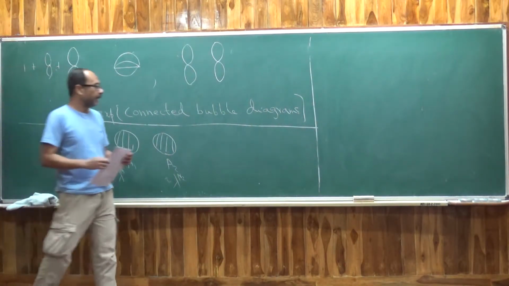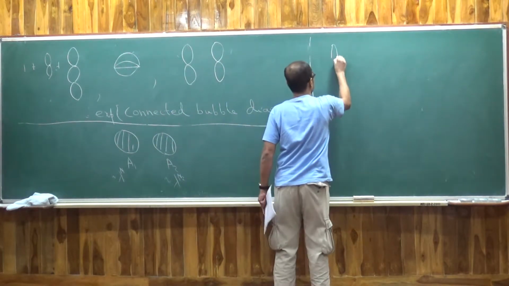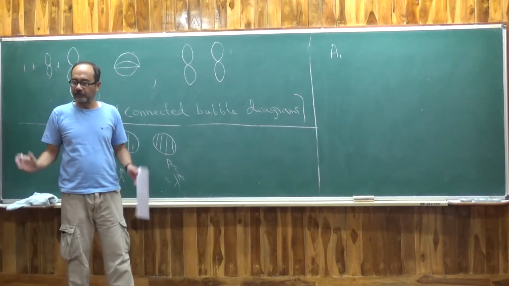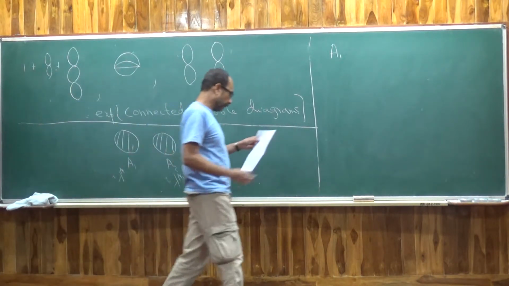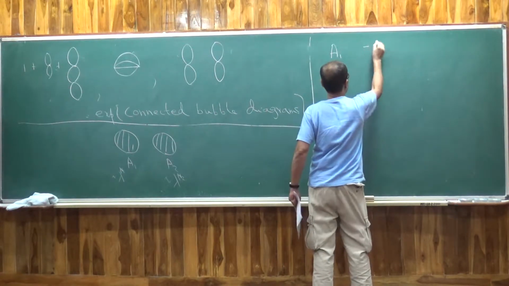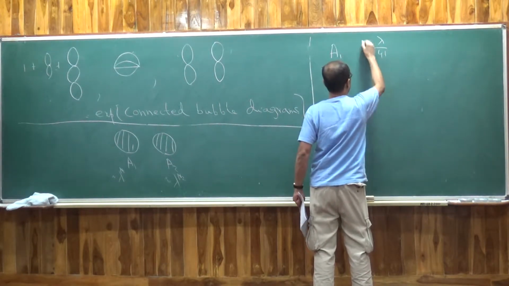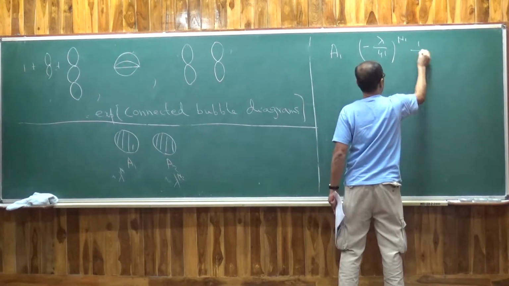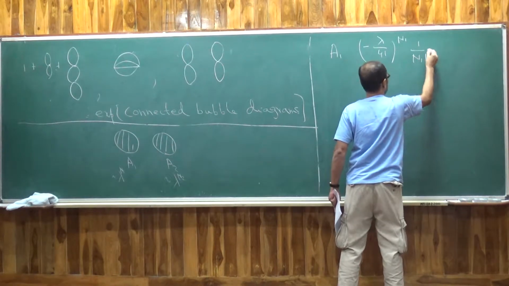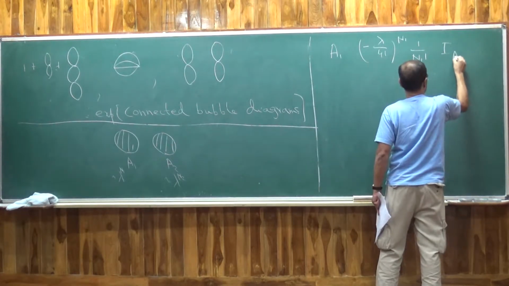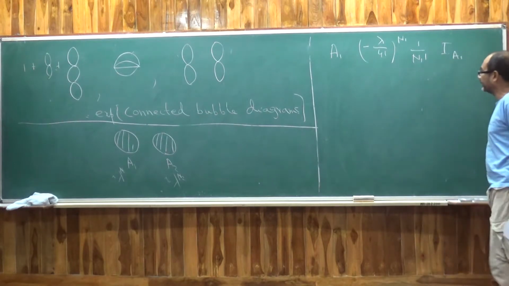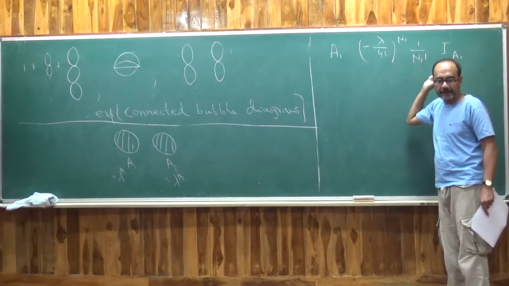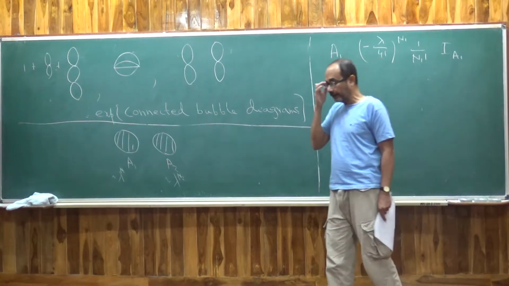If we just had a single bubble A1, its contribution is given by minus lambda over 4 factorial to the power n1, times 1 over n1 factorial, times I_A1. This shows that it's of order n1: there are n1 vertices, that's why I have raised minus lambda over 4 factorial to the power n1.